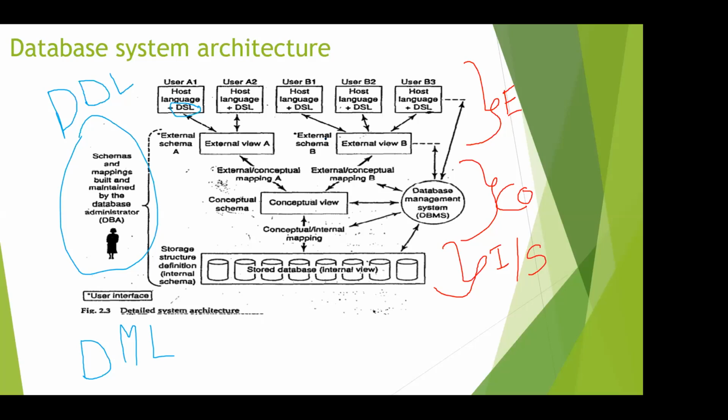The total content is represented at the conceptual view logically, and we are defining data fields, which entity each data field belongs to, and if there are two or three tables, how these tables are related to each other. Everything we represent here at the conceptual level. It will also be quite different compared to the external level.